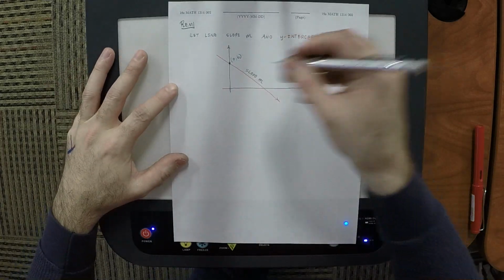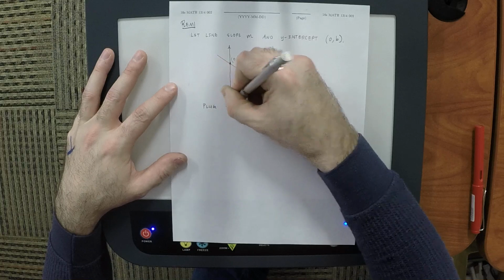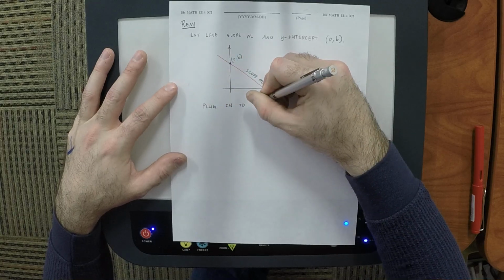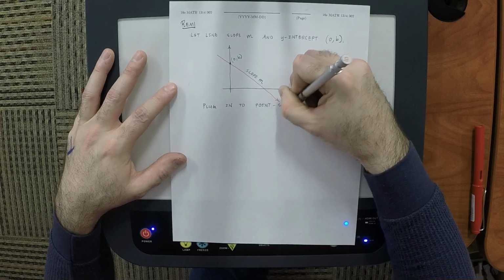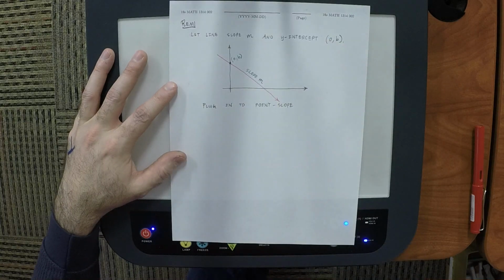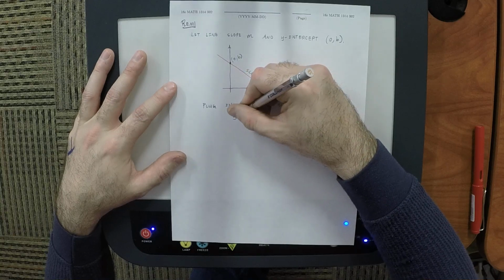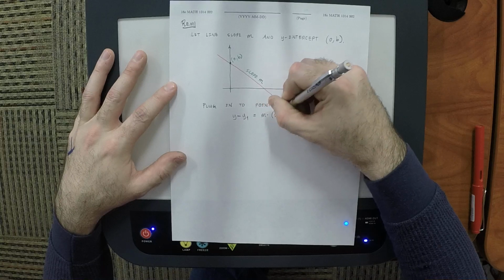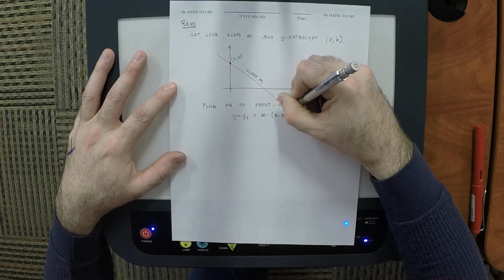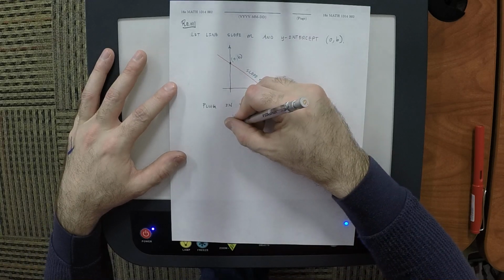Then we could take this and plug in to the point slope formula. Y minus y1 equal to m multiplied by x minus x1. Well, that'd be what?